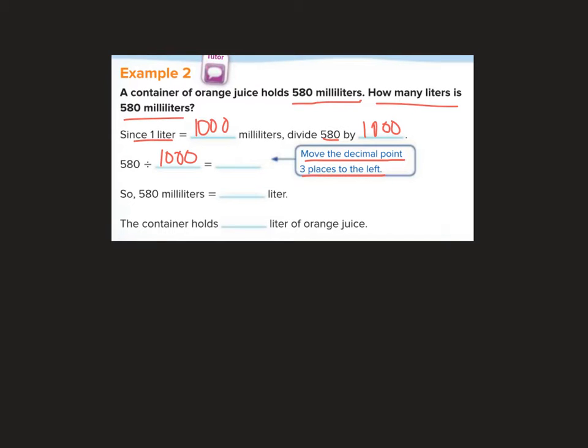It's what we've been doing the last 2 videos. Move that decimal point 1, 2, 3 spots. Now it's right there. So it'd be 0 and 58 hundredths. We could put the 0 there if we want, but we don't need it. So 580 milliliters is 58 hundredths of a liter. The container holds 58 hundredths of a liter of orange juice.